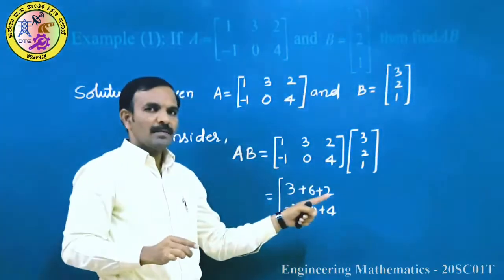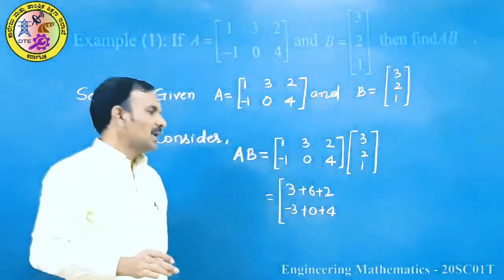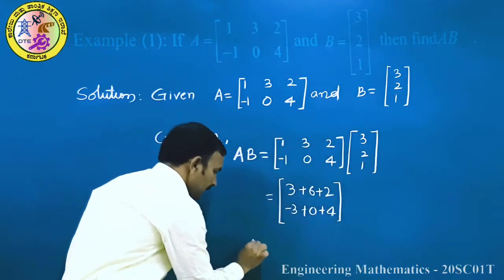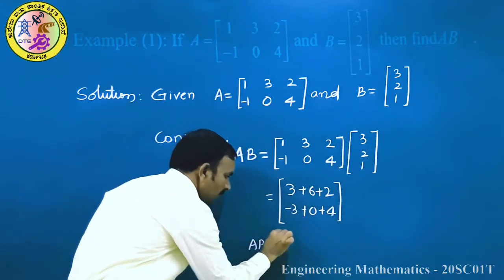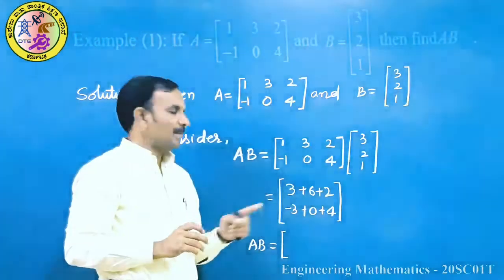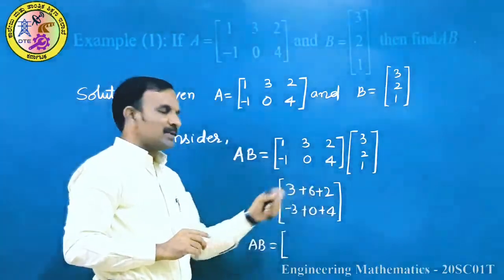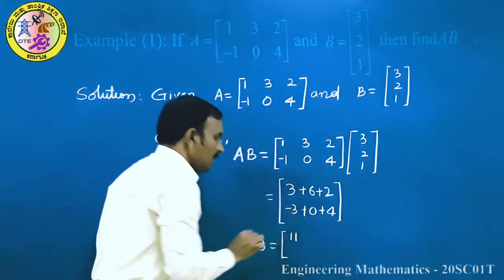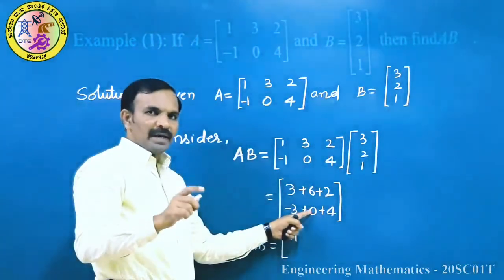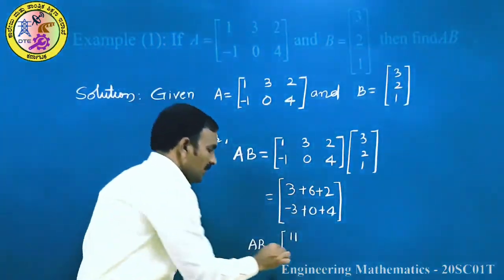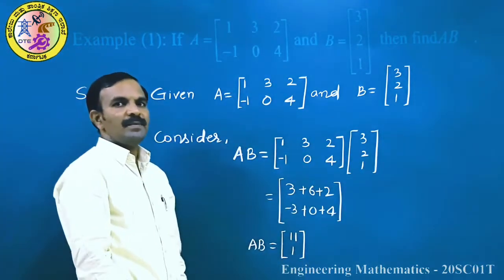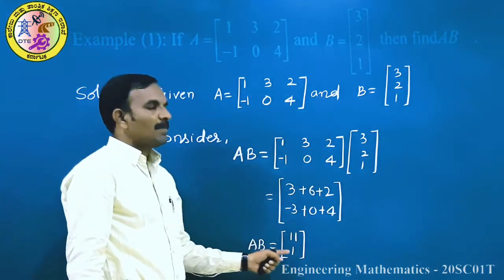This is the product, now you have to add. AB is equal to 3 plus 6 plus 2, that is 11, and minus 3 plus 0 plus 4, that is 1. So 11, 1 is the AB product.